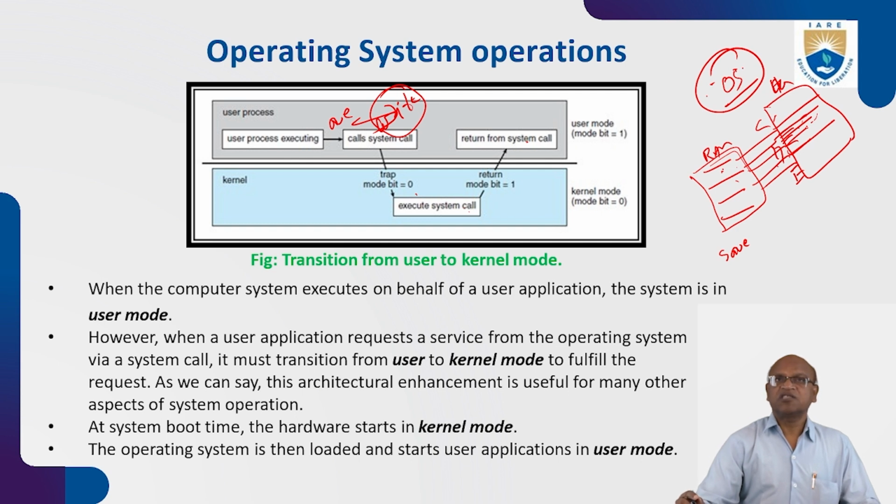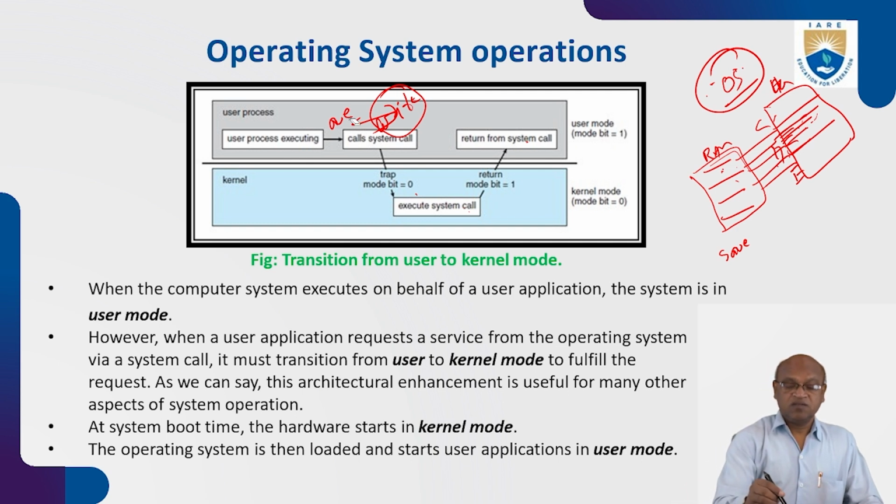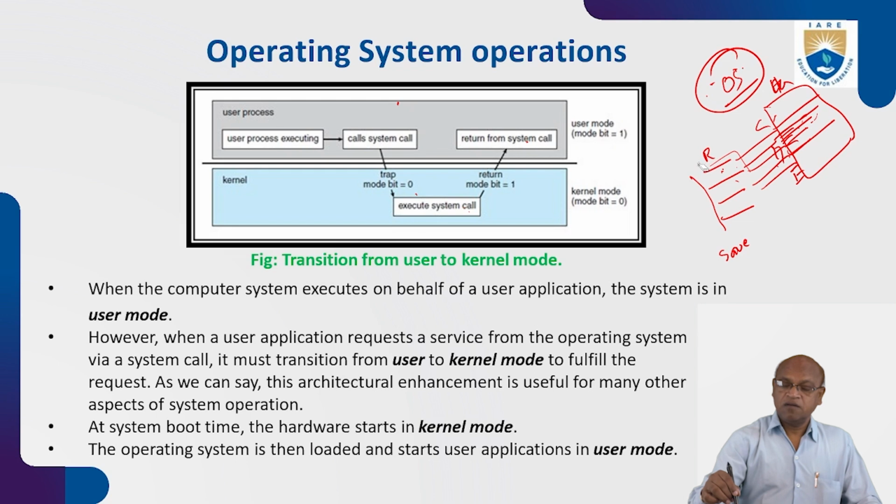When the computer system executes on behalf of the user application, the system is in user mode. However, when a user application requests a service from the operating system via a system call, it must transition from user to kernel mode to fulfill the request.